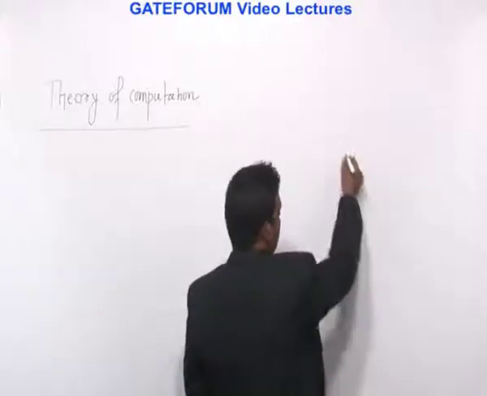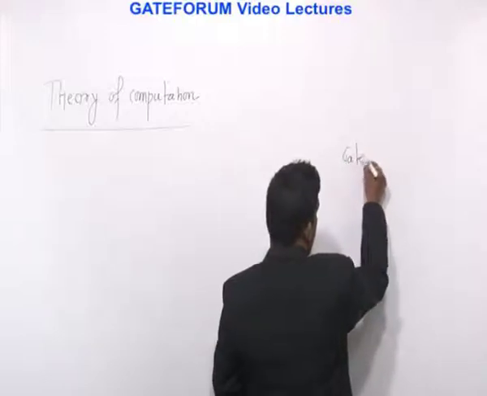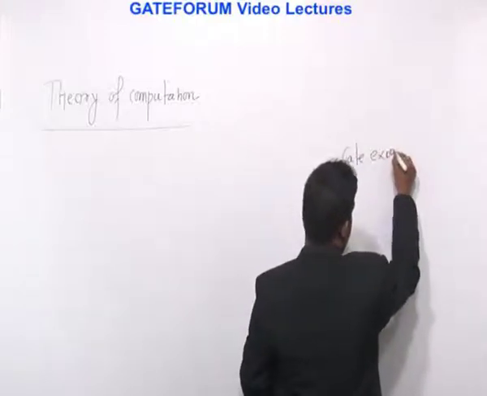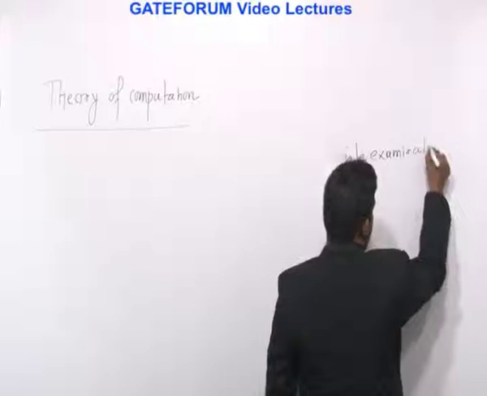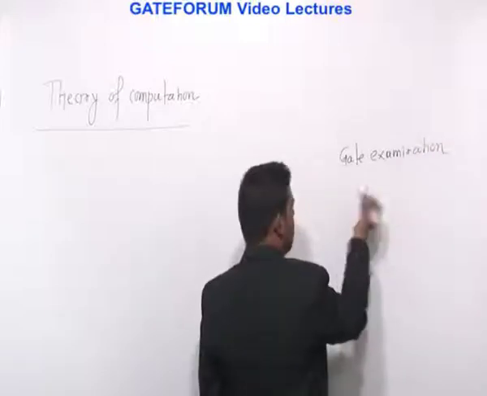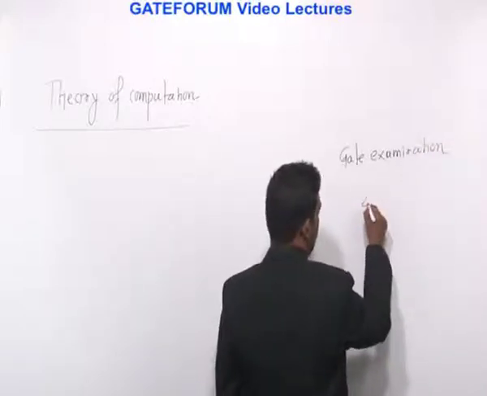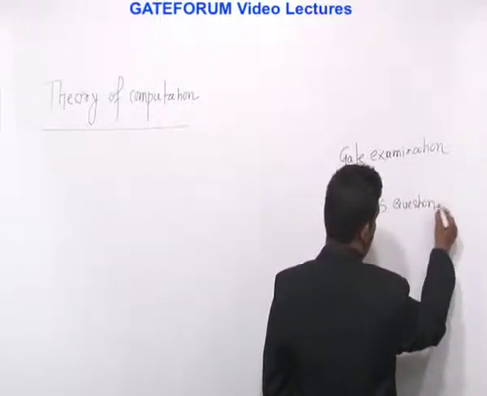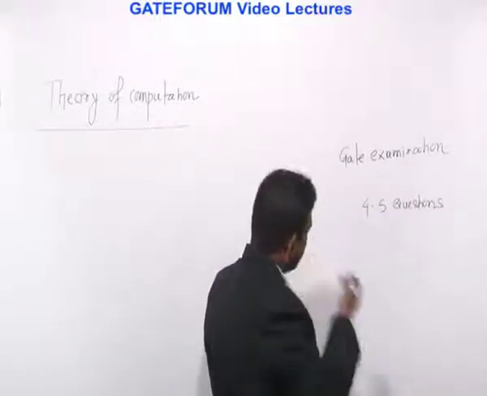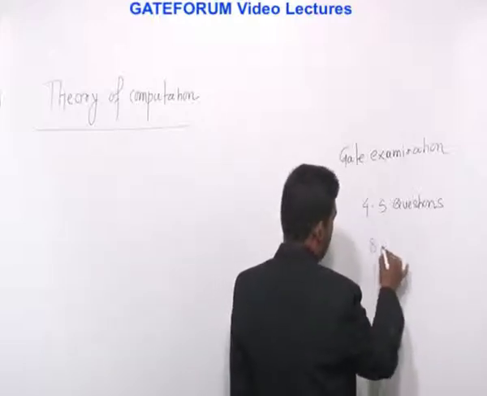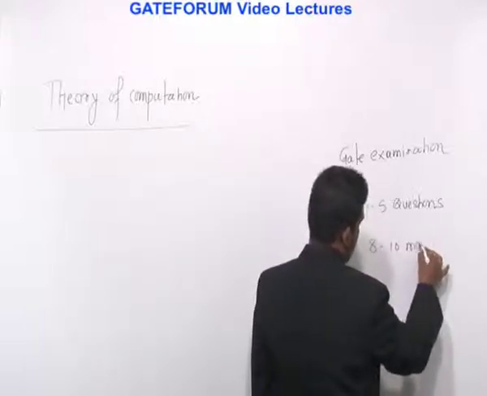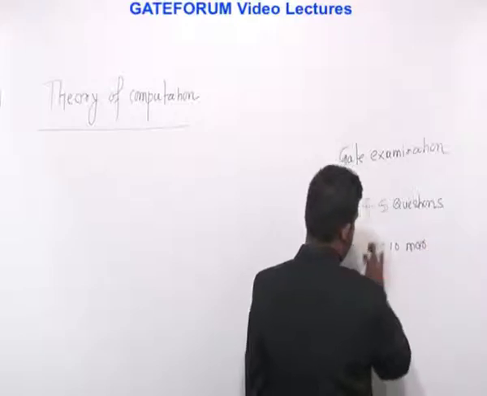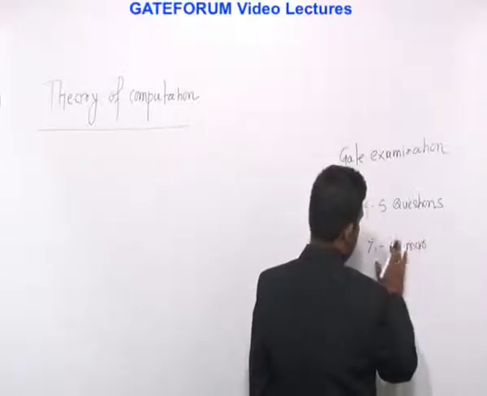So in the GATE examination, on an average, there will be 4 to 5 questions from this particular subject, and let's say 7 to 10 marks.